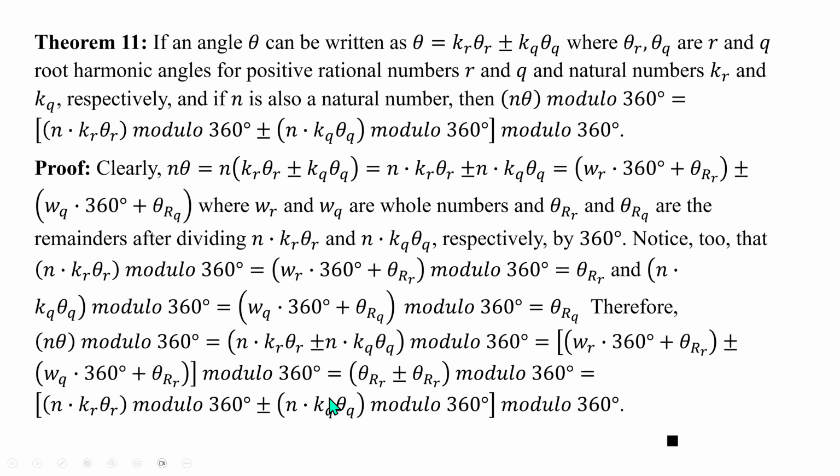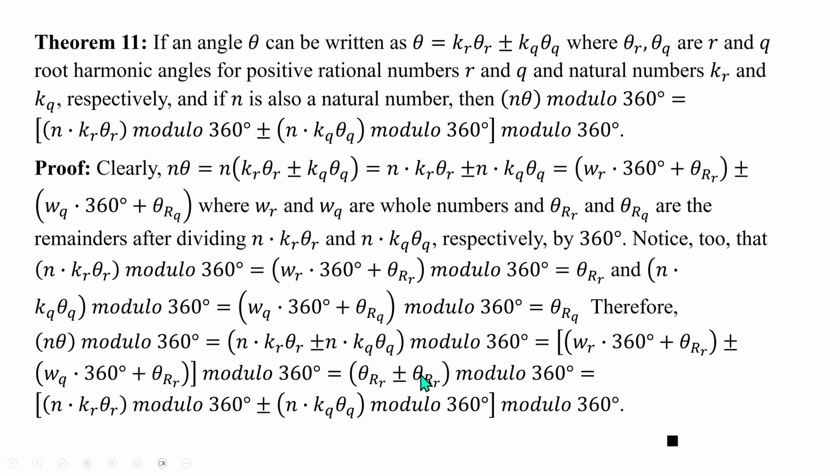And that is going to be equal to, let's see, n times k sub r theta sub r modulo 360 degrees. Let's go back up here. Theta sub r, that's equal to this right here. So I just put that in there. And let's see. Oh, here's a little typo. I'll change that later.